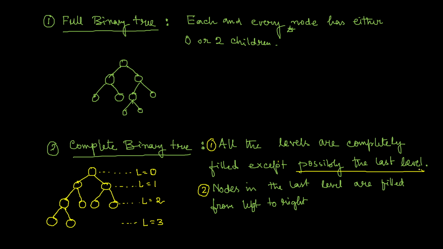It means that if the last level is not filled up, then also I can call a tree a complete binary tree if two criteria hold. One is that the other levels are completely filled up, and second is that in the last level data are filled up from left to right. But if I find a tree where the last level is also filled up, then also it is okay. It can be a complete binary tree also, right?